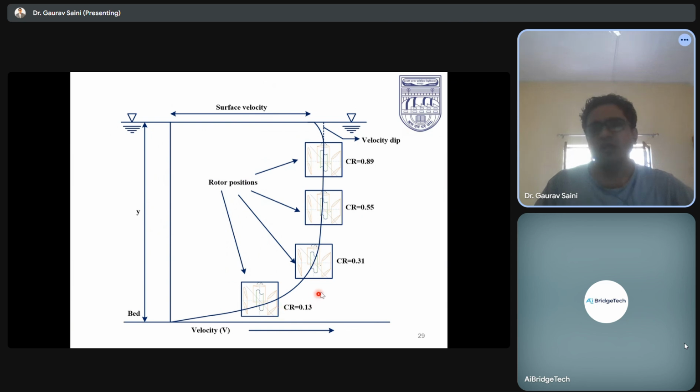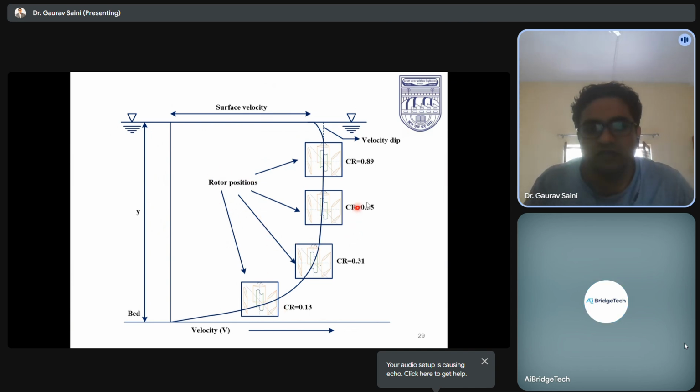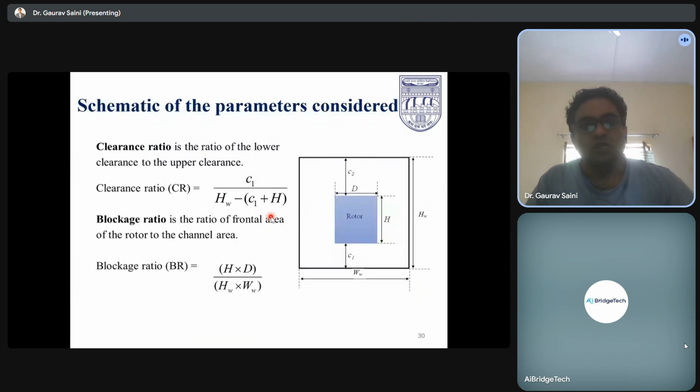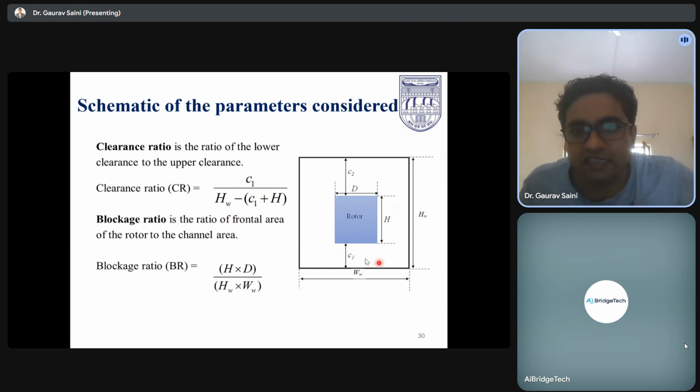The clearance ratio is investigated, which is the ratio of the lower clearance to the upper clearance. We received the maximum performance corresponding to a clearance ratio value of 0.55. Here the clearance ratio is C1 divided by C2, where C1 is the lower clearance and C2 is the upper clearance.